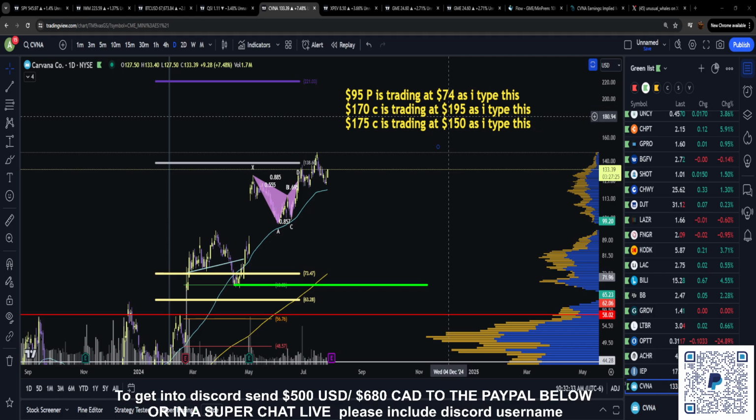When I do the ghetto spread, I'm just doing one of each, and I'm either turning a small amount of money into a large amount of money, or walking away with a small loss. That's what it is at the end of the day. So that is what a ghetto spread is and what we are looking at for Carvana. I'm going to stop this recording, and then we're done.